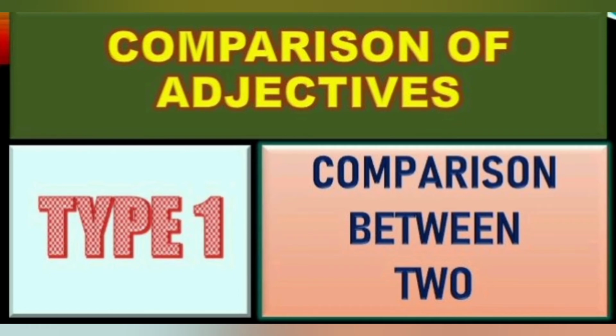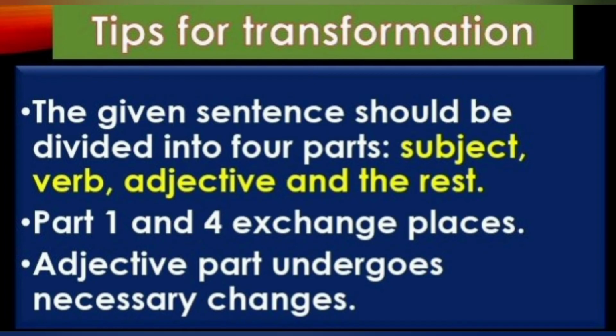Let us now see some tips for transformation, how to transform sentences from positive to comparative degree and comparative to positive degree. Here are a few tips. The first one is, the given sentence should be divided into 4 parts. We need to be very careful while dividing the sentence into 4 parts.